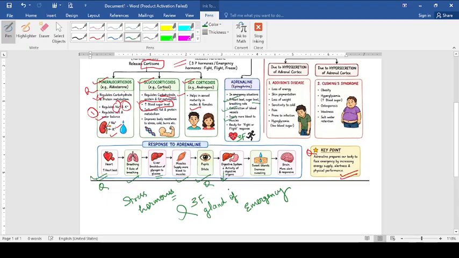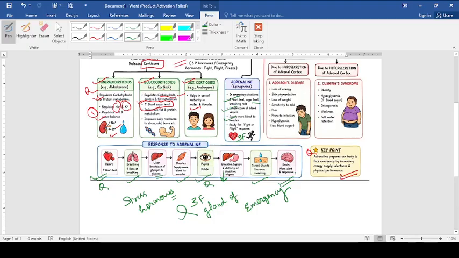The digestive system does not receive more blood, because your energy is now diverted to some other action, so it is suppressed at that time. Then the sweat glands become more active, and that's why in a nervous condition there will be more sweating. And when you talk about the brain, your brain becomes very alert in this stressful condition or emergency situation.